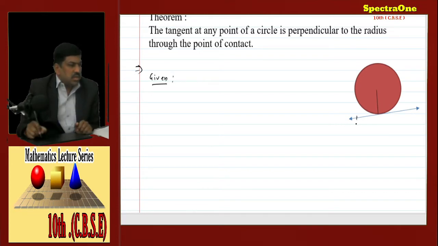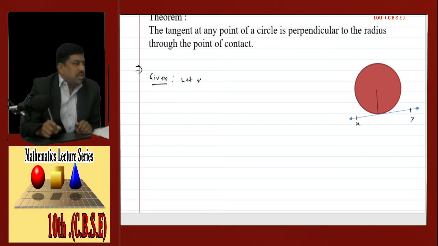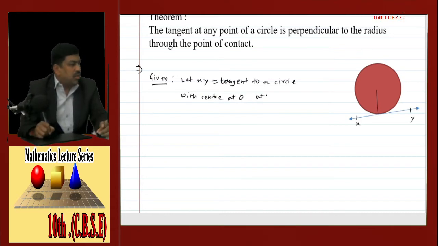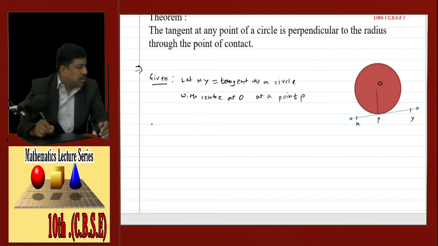Given: let XY be the tangent to a circle with center O at a point P. So this is the point P and this is the center O. Now what to prove?